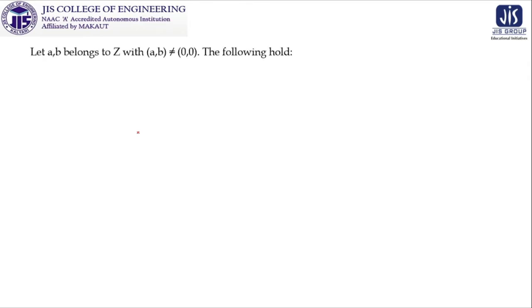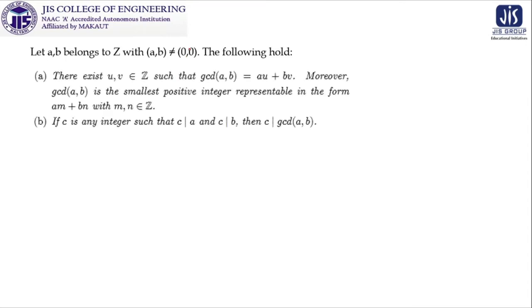Now we take two numbers a and b belonging to Z, the set of integers, and a and b are both not equal to 0. Now the following hold. There are two conditions.